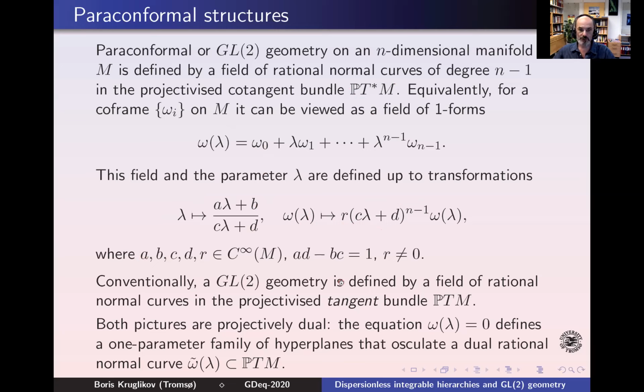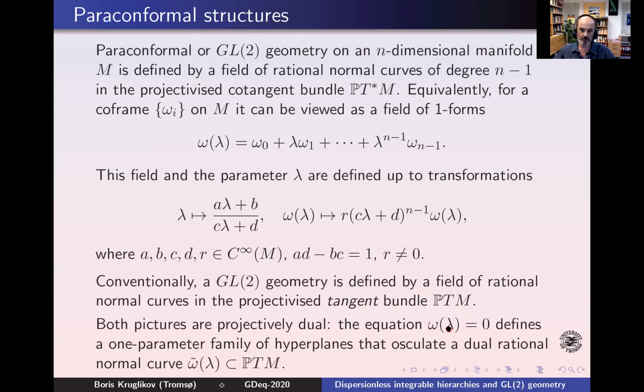Conventionally, GL2 geometry can also be defined as a field of rational normal curves in the projectivized tangent bundle, PTM, without star. And both pictures are projectively dual, because if you take the equation omega lambda equal to 0, that's a covector depending on lambda, then for each lambda we have a hyperplane.